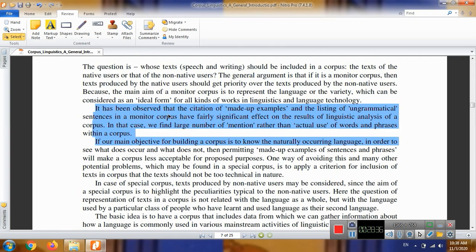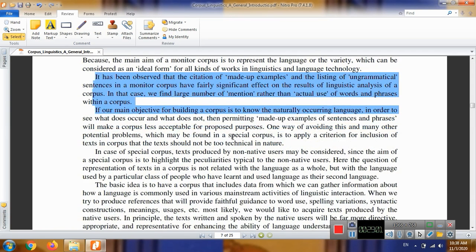information. It has been observed that the citation of made-up examples and the listing of ungrammatical sentences in a monitor corpus have a fairly significant effect on the results of linguistic analysis of the corpus. In that case, we find a large number of mentions rather than actual use of words and phrases within a corpus.